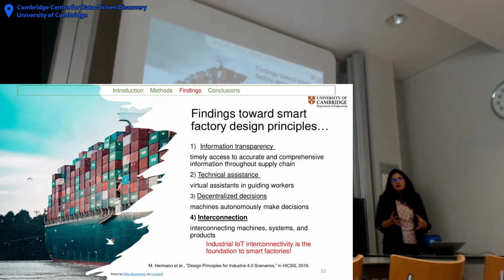I think we all know how these days the generative AI models are working. So it has the same idea. It is about assisting the workers with their tasks and using artificial intelligence to guide the workers in the factories. So decentralized decisions are mainly about how machines can take autonomous decisions. So that's the principle.